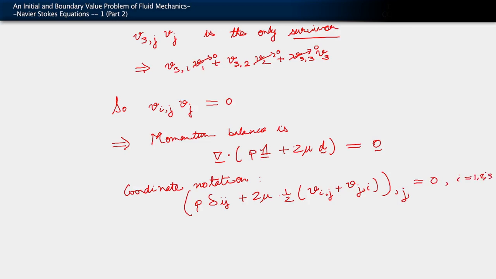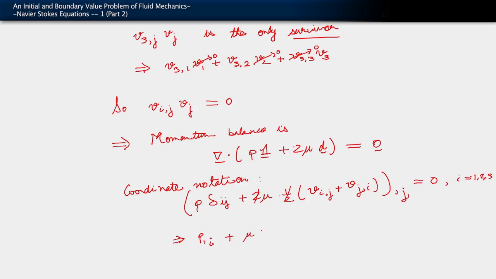Now we take the derivative with respect to xj here of p. That gives us a gradient of p, but then the delta ij does its job. So this basically becomes p comma i, plus the 2 mu and the half, sorry, the 2 and a half go away, of course.